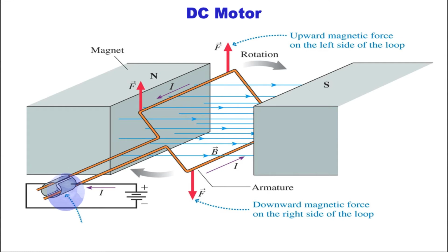And the loop, after half a rotation, looks identical to the current position. And so the force will still act to the top here and towards the bottom in the bottom segment. And this loop will continually rotate. This is just a DC motor.